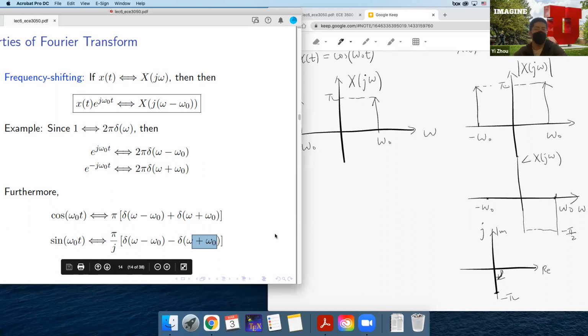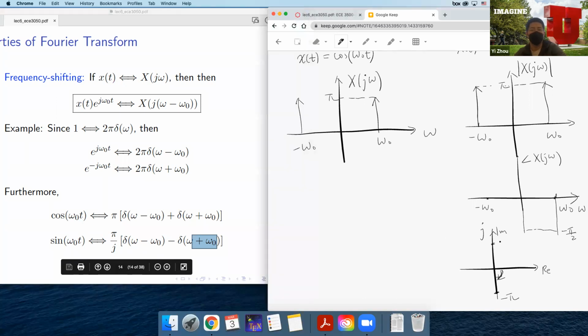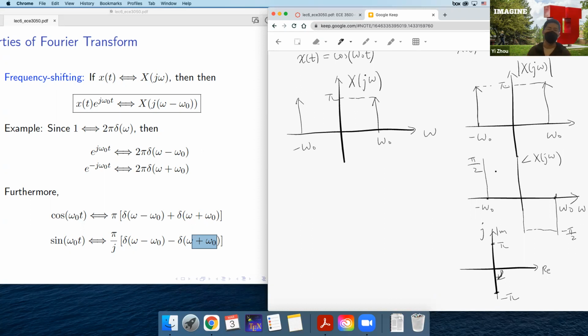And this is a complex number located on the positive part of the y-axis. So the phase is positive pi over 2. Okay, so you can see the phase for these two impulses are different.